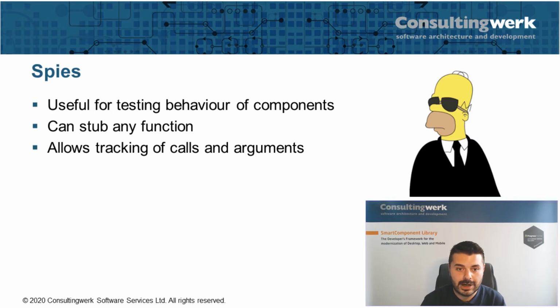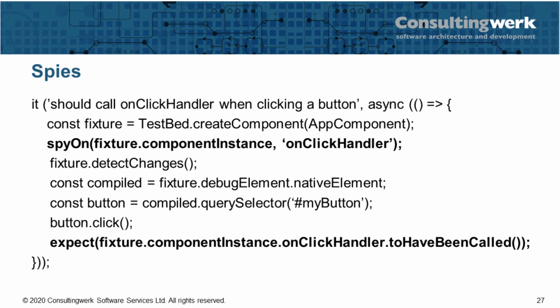And furthermore, I expect this method to have been called with these arguments, and this exact number of times. Now, as you can see, this can be very useful for testing event handling such as button clicks, mouse moves, window resizes, and so forth.